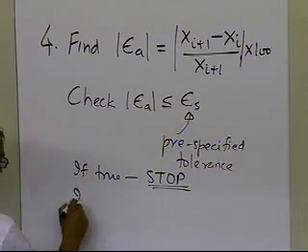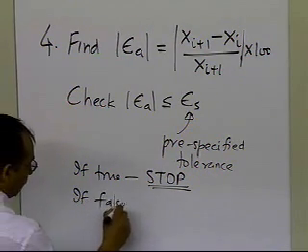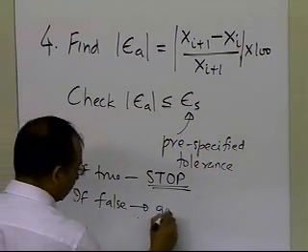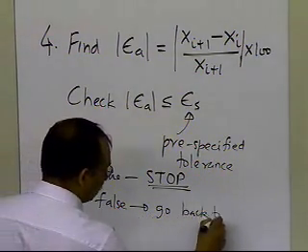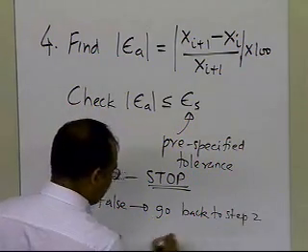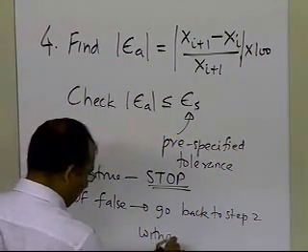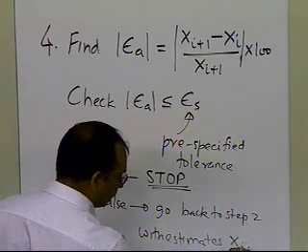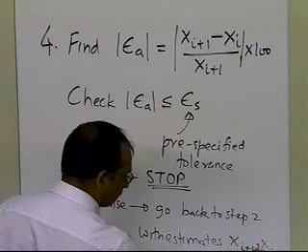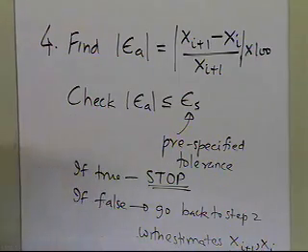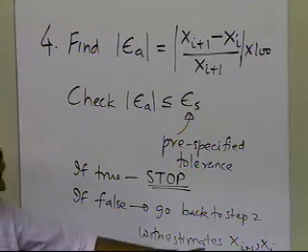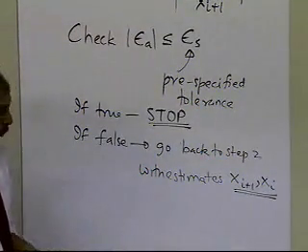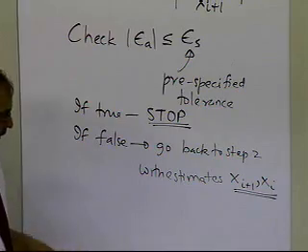If false, then you go back to step 2 with estimates x of i plus 1 and x of i. You're going to go with the estimate x of i plus 1 which you just found, and x of i which you have from the previous iteration.